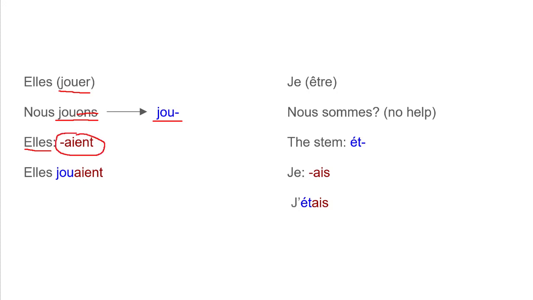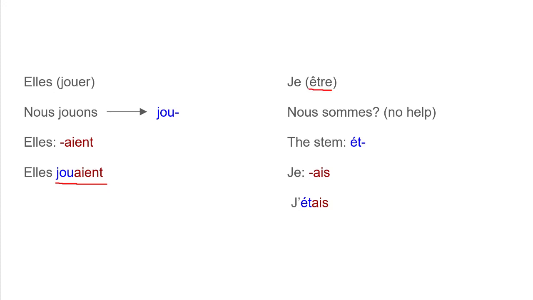So when you put the two together, you have elle jouait, it's 2 syllables, but it's all 5 vowels right in a row with no consonants to break them up. So I just think that is hilarious. But I was trying to show you where the syllables divide, but at any rate, we have elle jouait. They were playing.